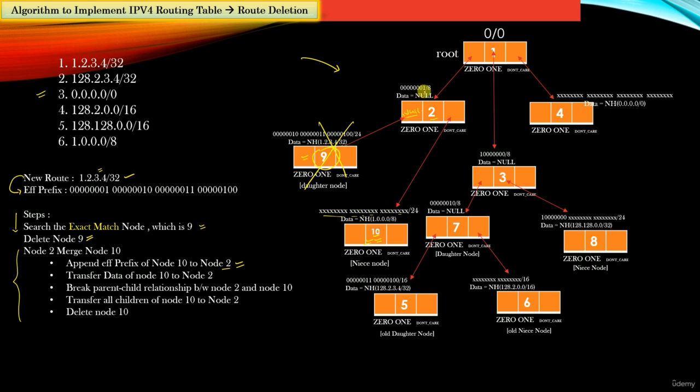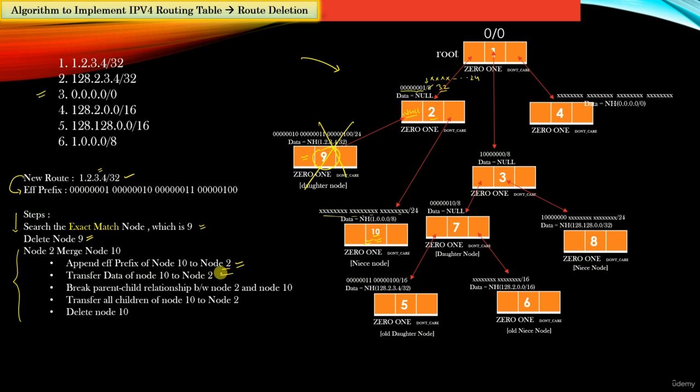So the effective prefix of node 2 becomes the prefix it already has, appended by the 24 don't care bits of node 10. Since you are merging 24 don't care bits into the effective prefix of node 2, the prefix length of node 2 becomes 8 plus 24, which is 32. So the effective prefix of node 2 is 7 times 0, then 1, and then 24 don't care bits.